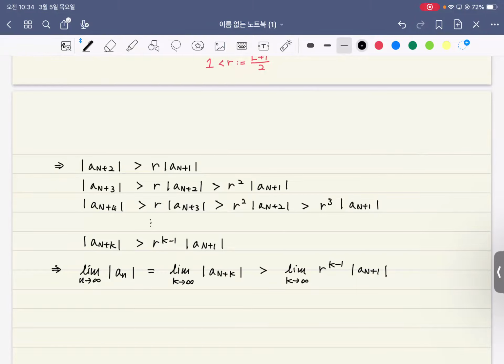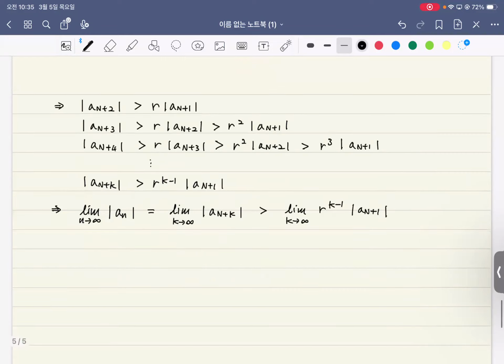So what conclusion can I derive from this? If the absolute value of a sequence goes to positive infinity, then no matter what, the limit of this sequence can never be 0.